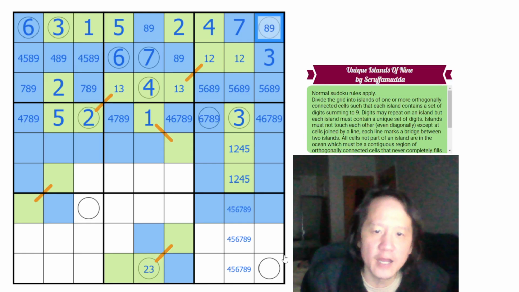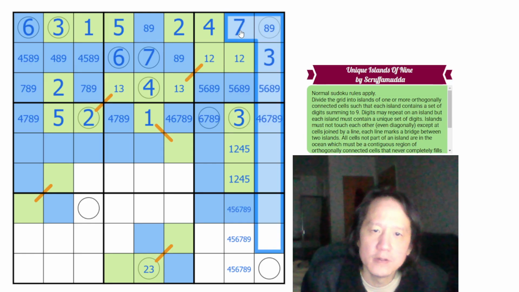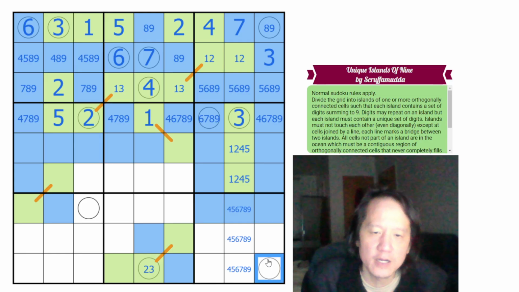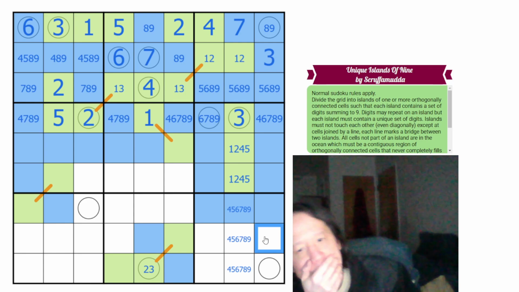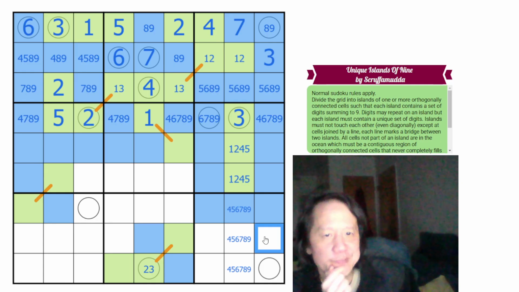If this sees 9, that would mean that this is an island, which this is an ocean, which means this would have to be an island. That's possible. If this sees 8, this would have to be an island, which is also possible.